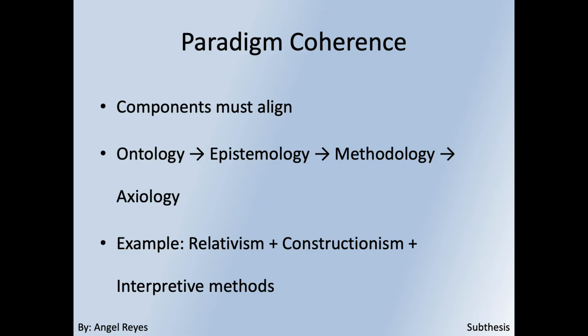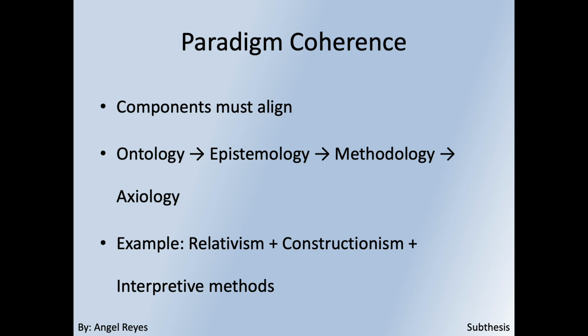For a research paradigm to be robust, its components must align in a logical way. Ontology informs epistemology, which shapes methodology, which is influenced by axiology. For example, if you hold a relativist ontology, multiple constructed realities, this naturally pairs with a constructionist epistemology.